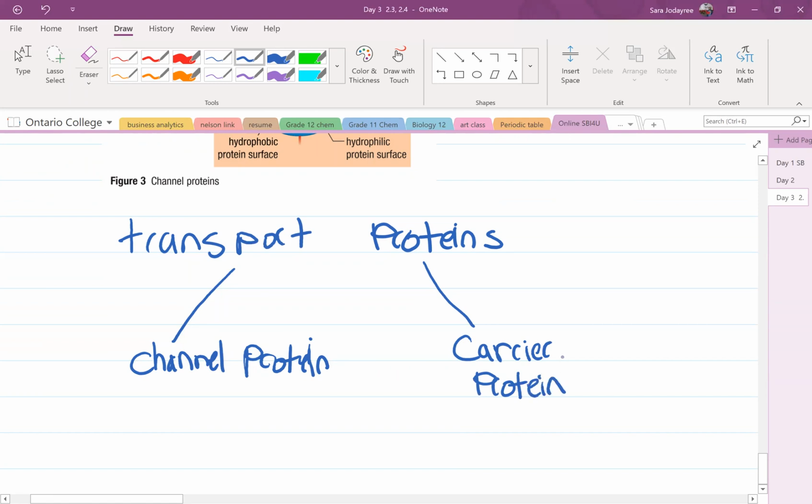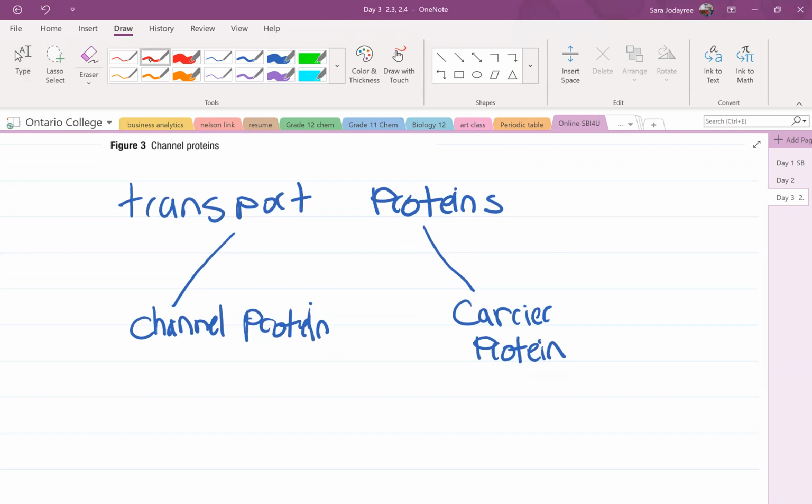Okay, so channel protein is a hydrophilic pathway in the membrane through which water and certain ions can pass. Other channel proteins facilitate transport of ions such as sodium, potassium, calcium, and chlorine. These are the ions, and most ion channels occur in eukaryotes, and they are voltage gated.